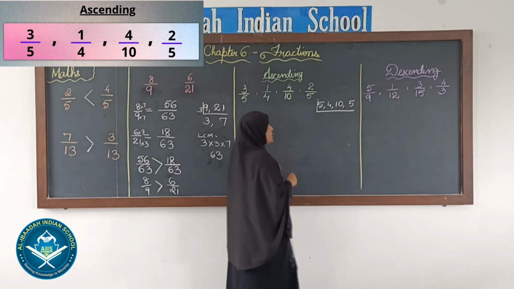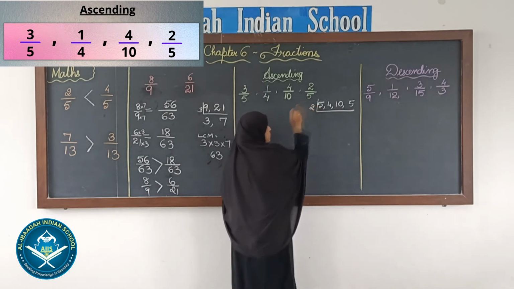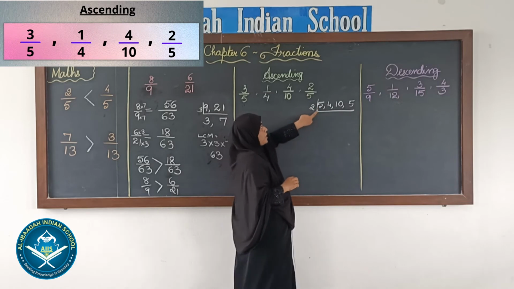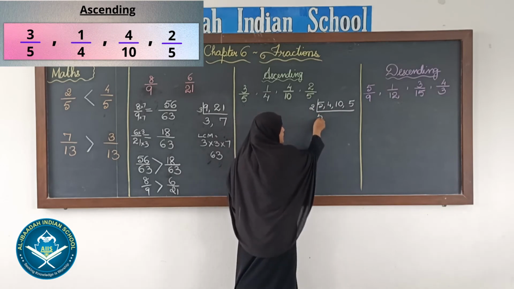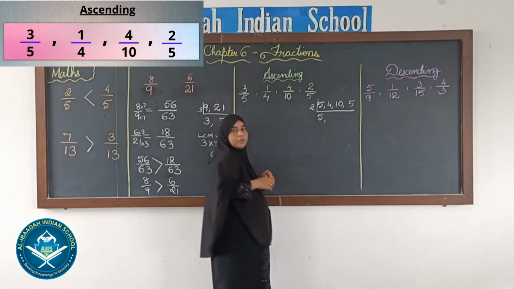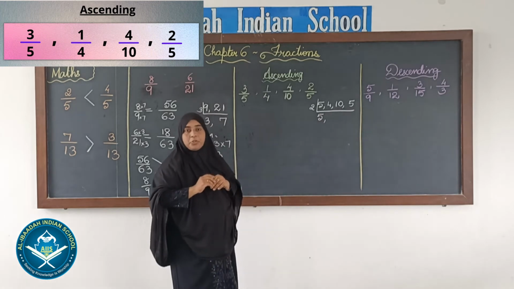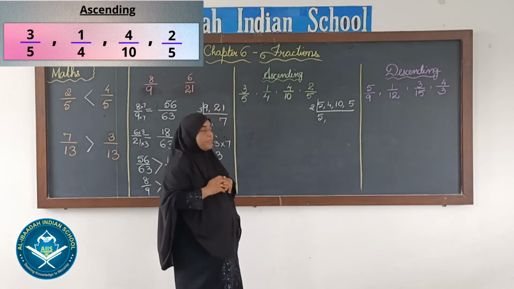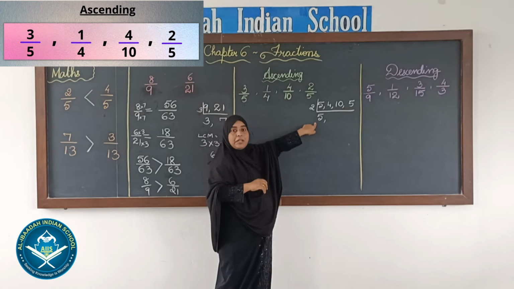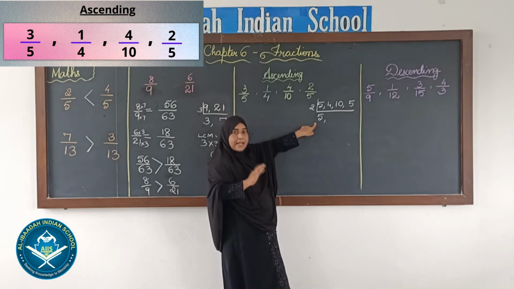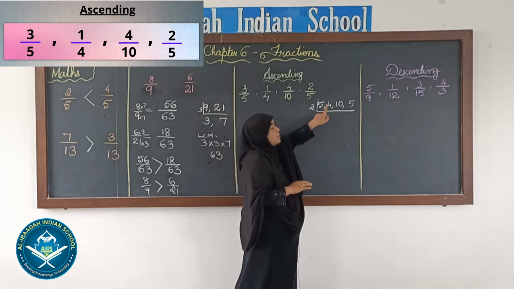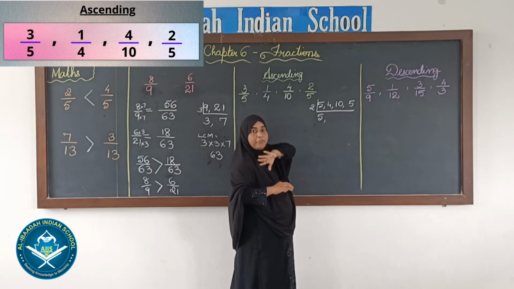So what we will do is, we will divide with 2. Okay. Now 2 will not divide 5. So we will write it as it is down. Okay. We cannot divide 5 with 2. We have done the divisibility rules, right? So 5 is not divisible by 2. So we will write it as it is down. 4, yes, 2 will divide 4, right?